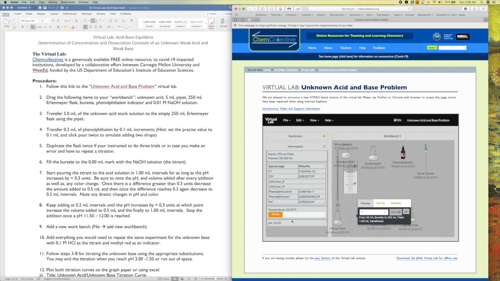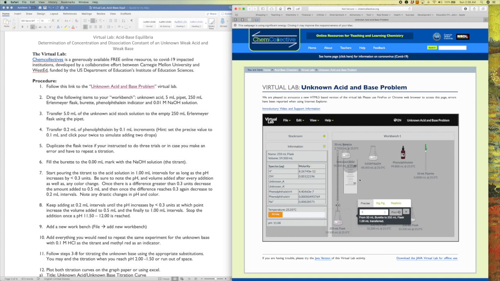And now we're at 11.03. So let's use the full capacity of the burette. And so I'm going to take another 1 ml. So I'm at, you see, it's really not going up by so much. So that's 11.08.